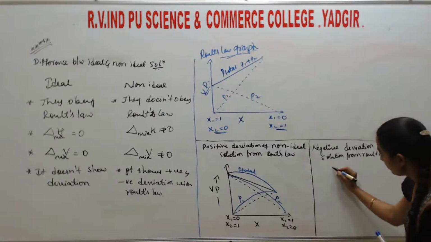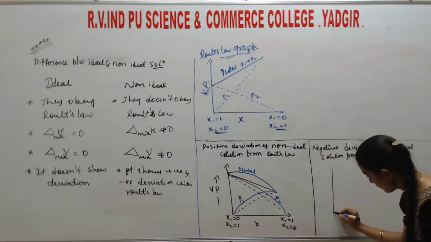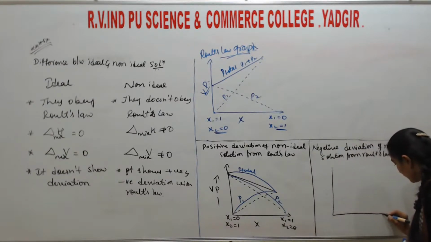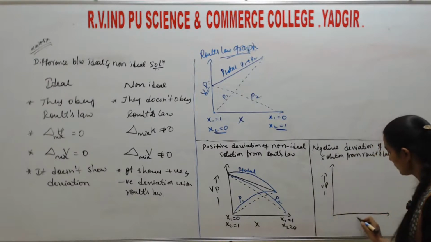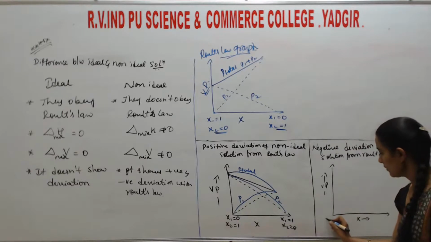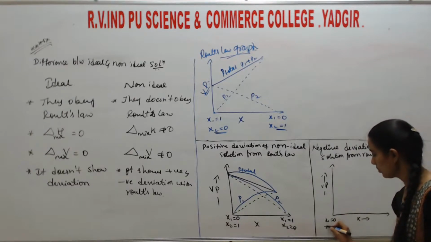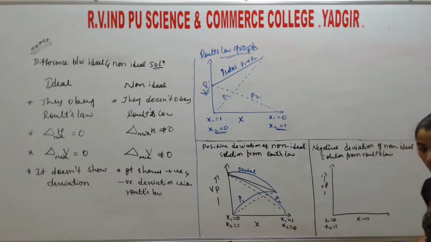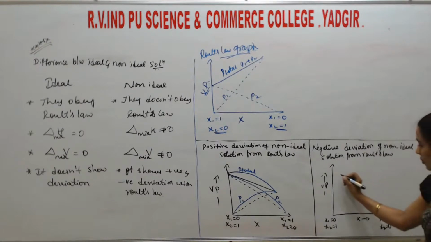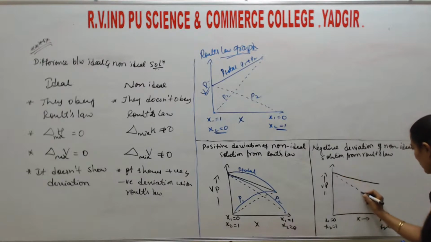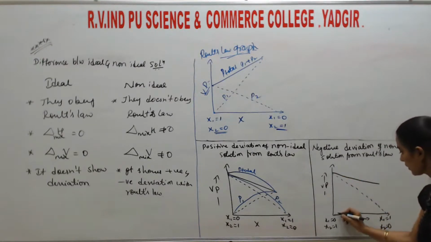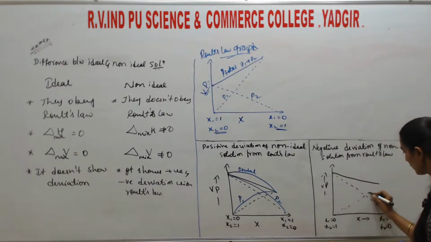Again, this is the graph. This is vapor pressure. This is mole fraction. Here we are taking again x1 is equal to 0, x2 is equal to 1. Here x1 is equal to 1, x2 is equal to 0. So the Raoult's law line again decreases.